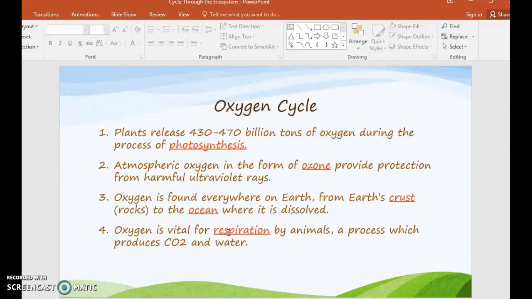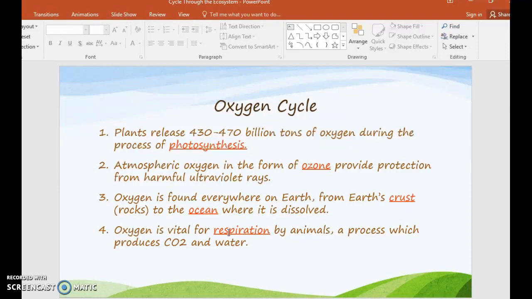So as we digest the food, the energy locked into it, or the sugar, we absorb, but we also give off as waste products the carbon dioxide and water. So remember how I said oxygen and carbon dioxide are really the same cycle? Well, that's the connection.